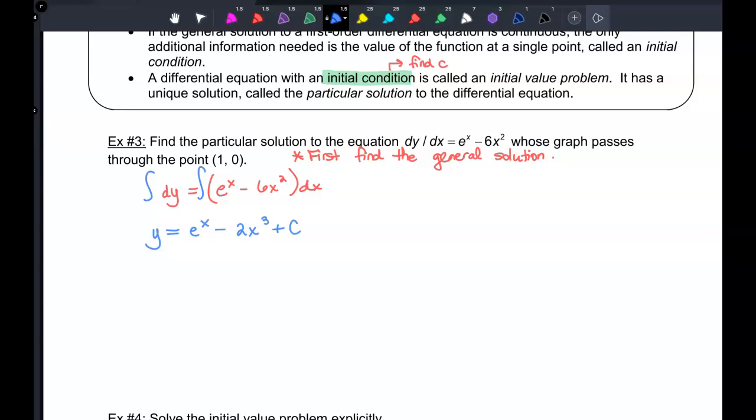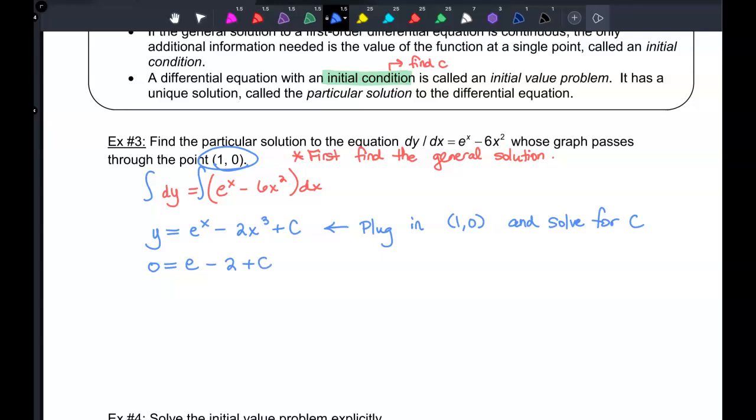Okay, now we take our condition 1, 0, and at this point, we're going to plug in 1, 0 and solve for c. So I have 0 equals e to the first minus 2 plus c.